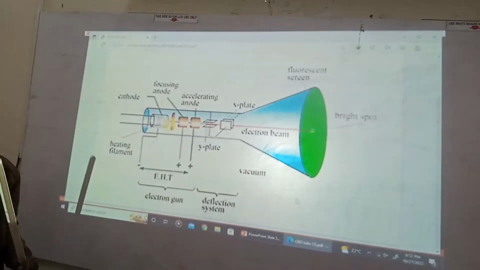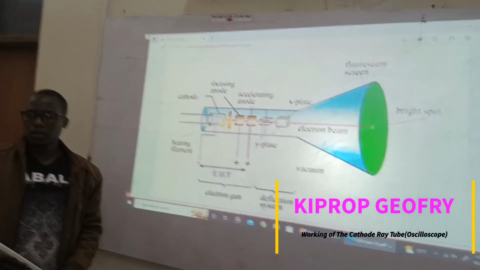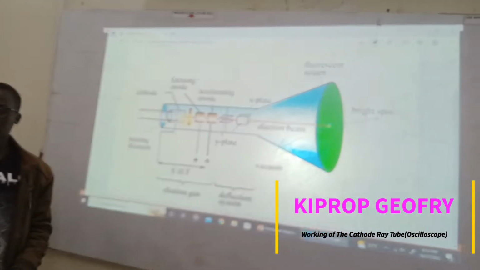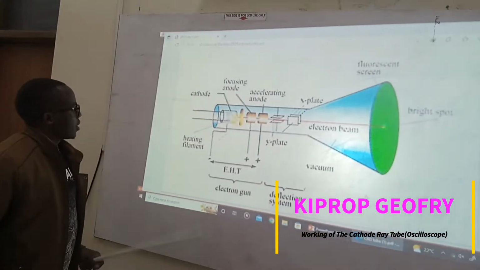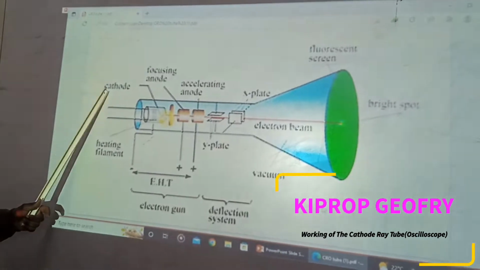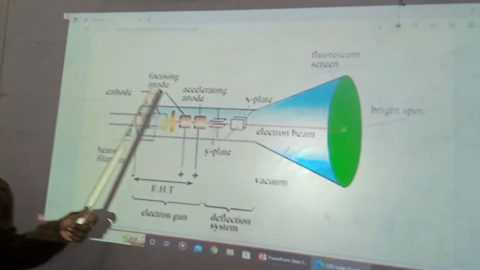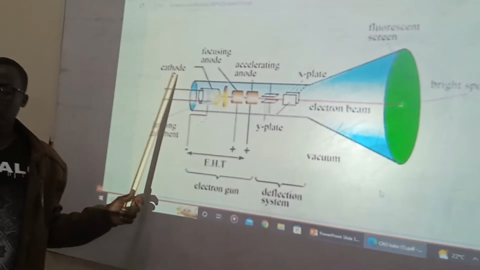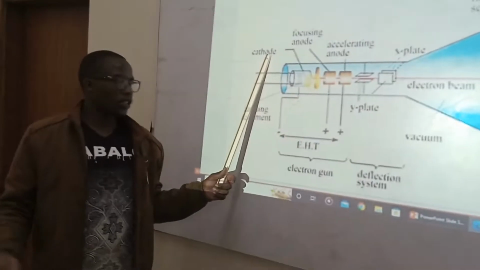So let us see the different parts of the CRT, the cathode ray tube. The cathode ray tube contains the cathode and the anode. These are the two terminals of the cathode ray tube.